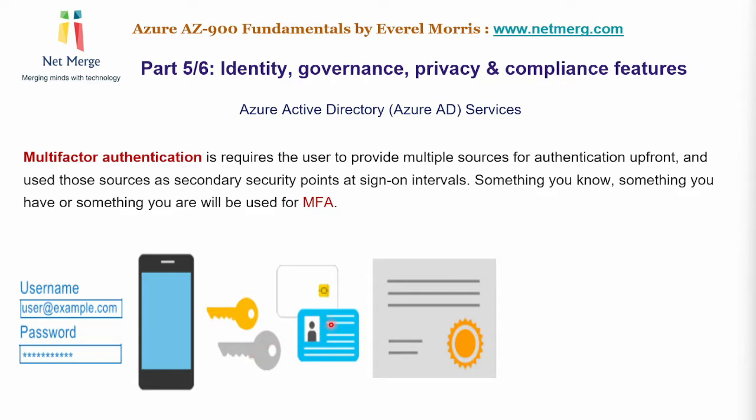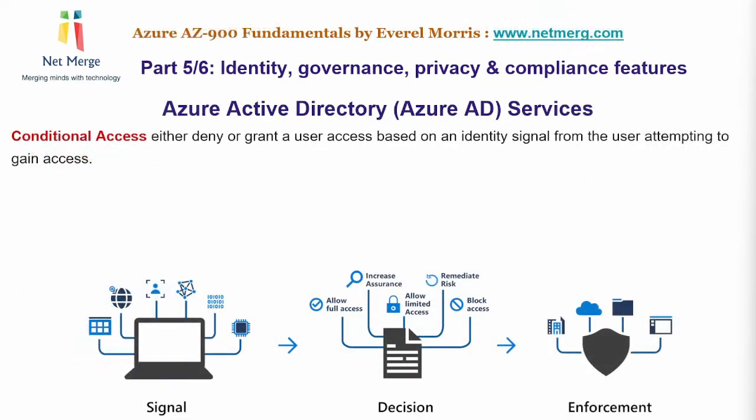Then you're validated, and then you are given access to the particular resource that you're trying to get to. So multi-factor authentication, please remember, is a part of the authentication process, and it can be maintained using Active Directory as well. Now let's move on and look at conditional access, either deny or grant.